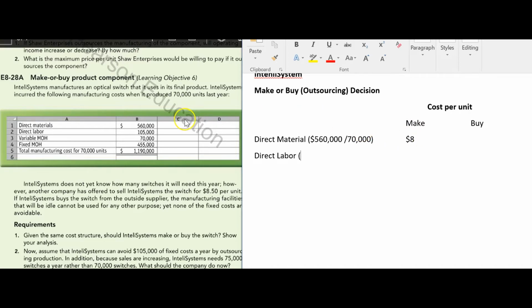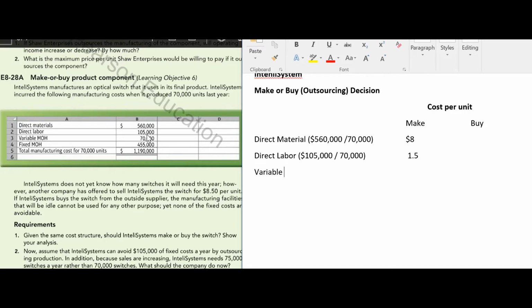Their total direct labor cost last year was 105,000 and they produced 70,000 units. So 105 divided by 70, what's their direct labor cost per unit? I found it's $1.50. So their direct labor cost, if they make it, is $1.50.